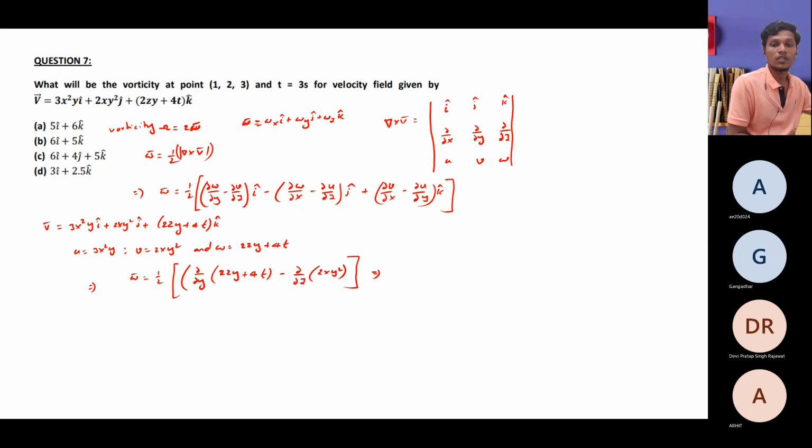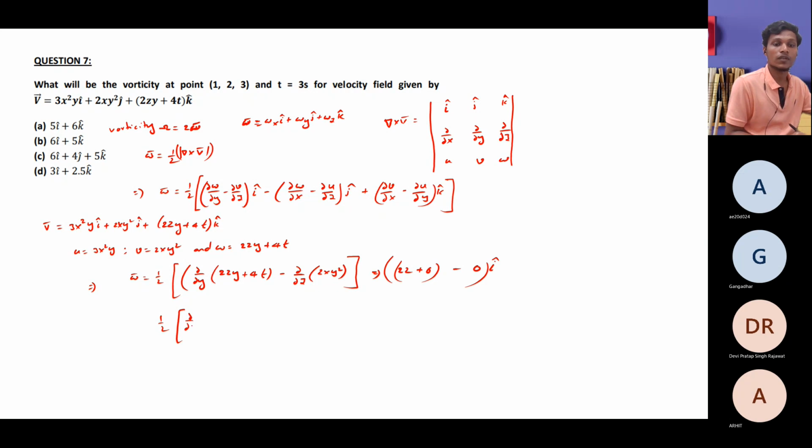If we differentiate this, we get 2z plus 0, minus dou by dou z of 2xy², which is 0, multiplied by i cap.